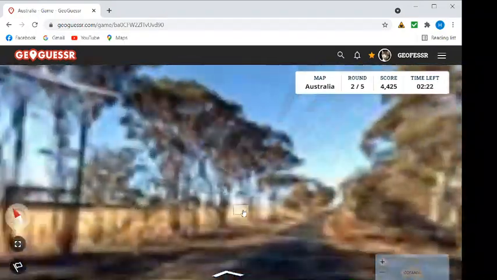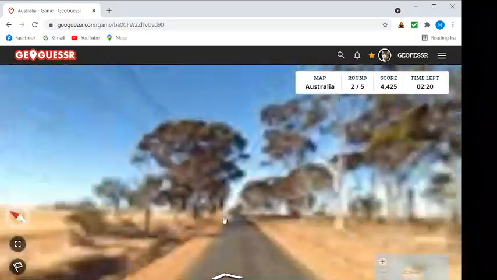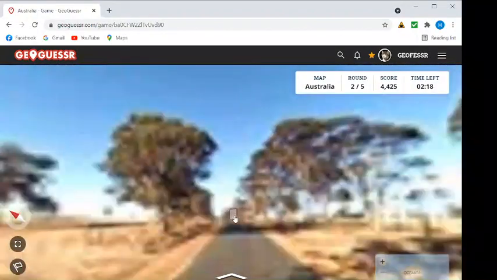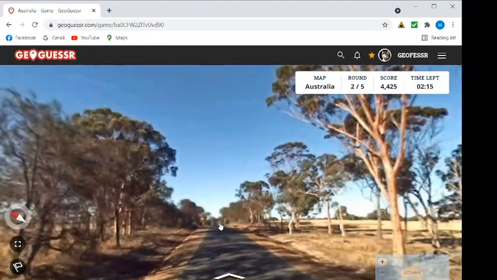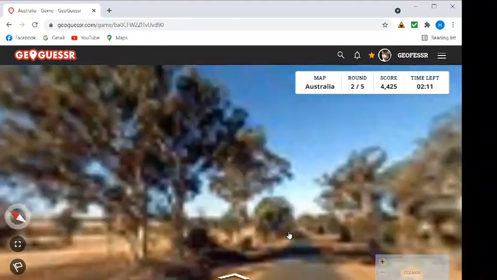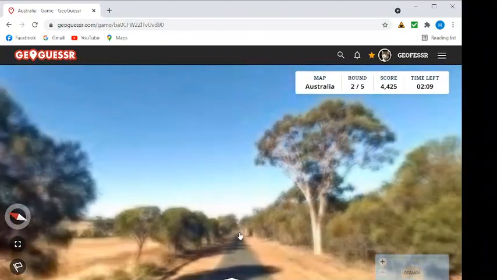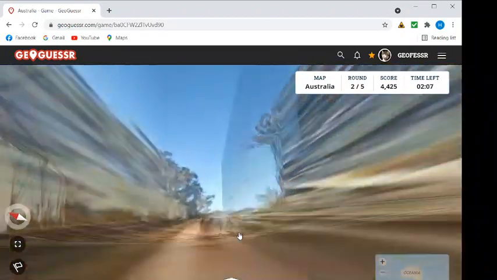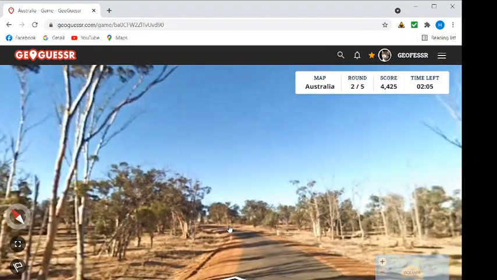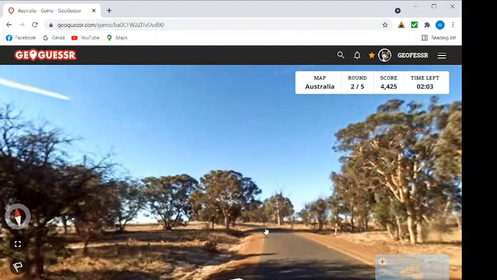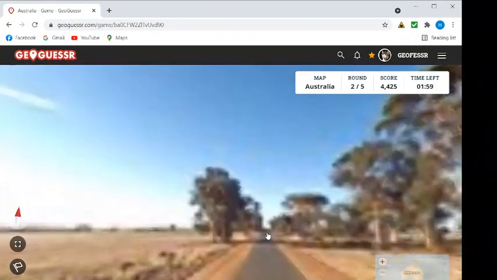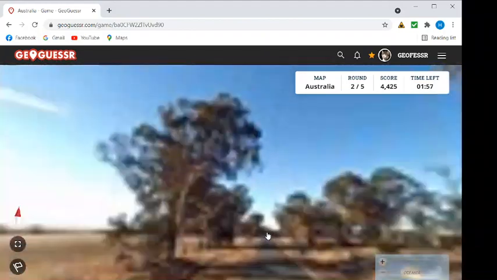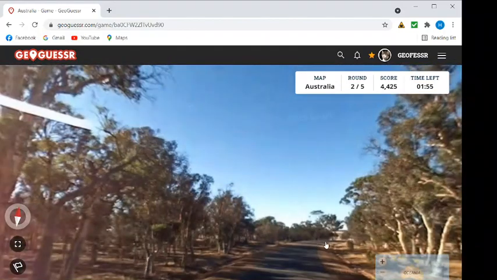Now, before I thought interior New South Wales, it looked like this, and it turned out to be Western Australia. So the next thing is, should we react to that and guess Western Australia? Yeah, there is nothing out here.